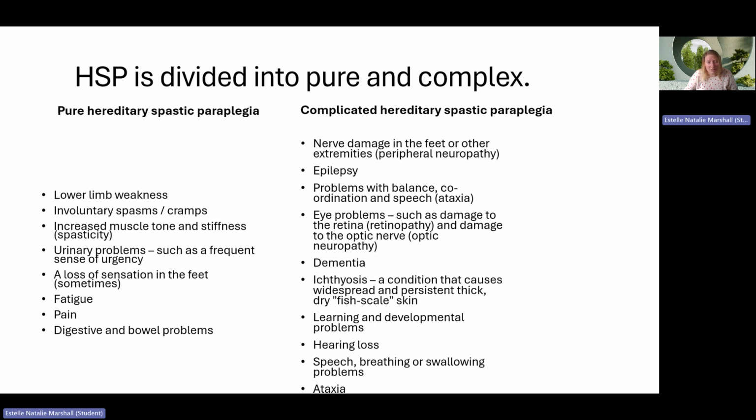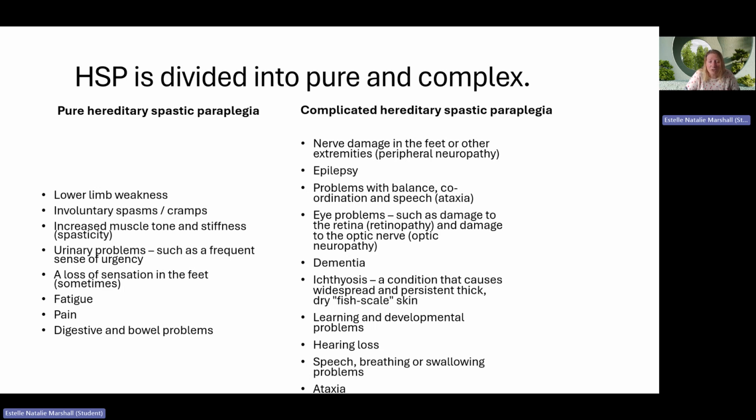added neurological symptoms. Okay, so there's nerve damage in the feet, so neuropathy, and or possibly hands as well, epilepsy, problems with balance, coordination, speech, known as ataxia is the medical term. So eye problems, so retinopathy with damage to the retina or damage to the optic nerve, so optic neuropathy.